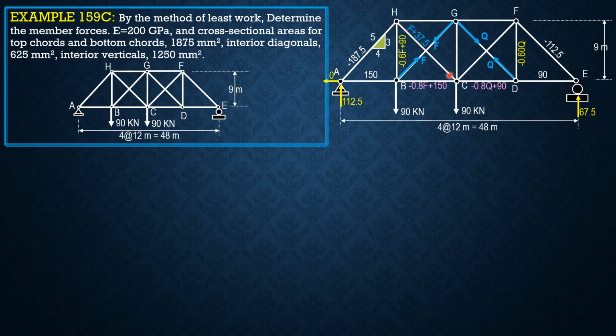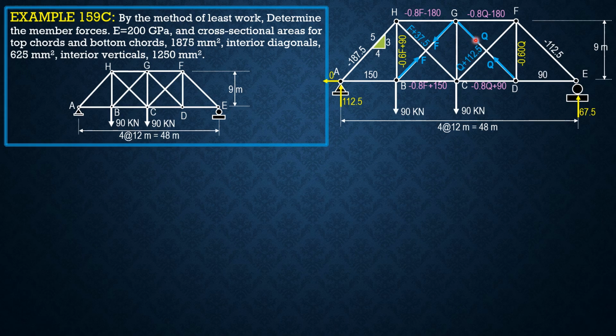You will get CH equals F plus 37.5. Then summation of forces horizontal, you will get GH as negative 0.8 F minus 180. You then proceed to F, summation of forces vertical, to get CF as Q plus 112.5, and summation of forces horizontal gives negative 0.8 Q minus 180.